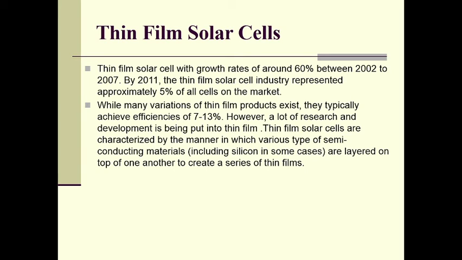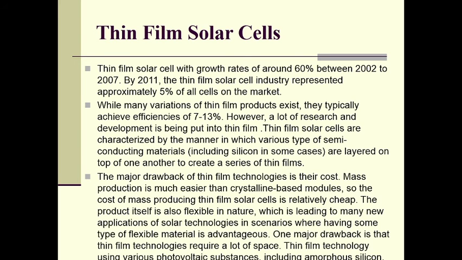However, a lot of research and development is being put into thin film. Thin film solar cells are characterized by the manner in which various types of semiconducting materials, including silicon in some cases, are layered on top of one another to create a series of thin films.